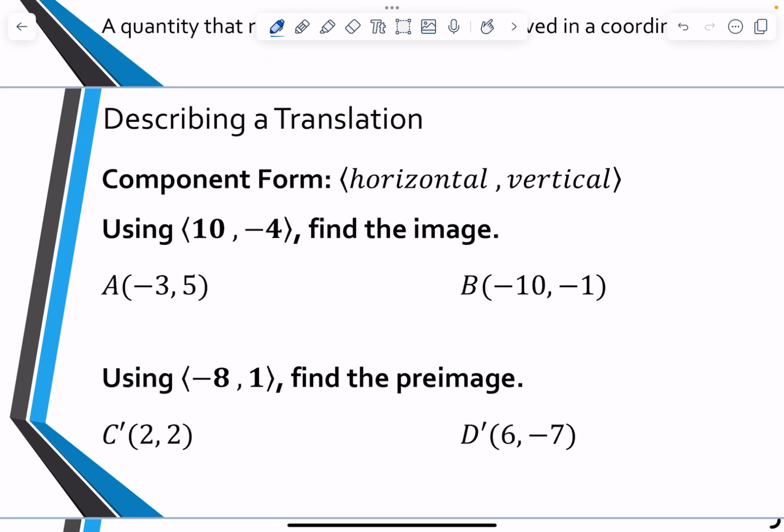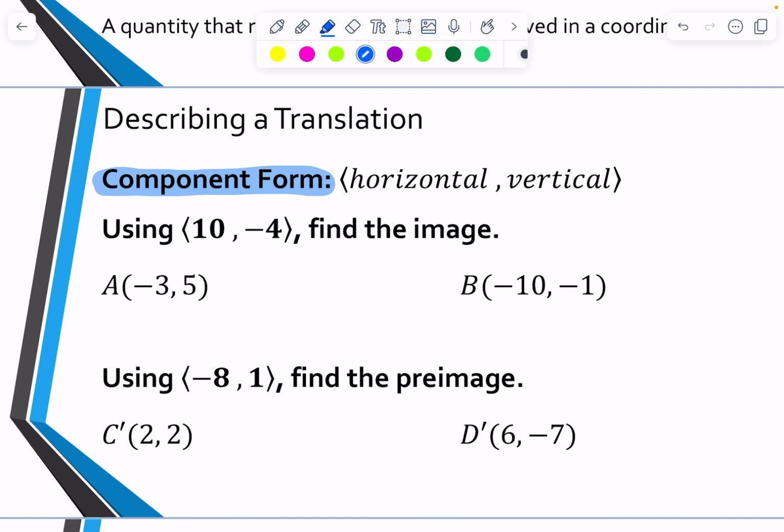The first one is what we call the component form. Okay, the component form tells us two things. It uses these pointed parentheses, and then it will tell you your horizontal movement, which will impact the x value.